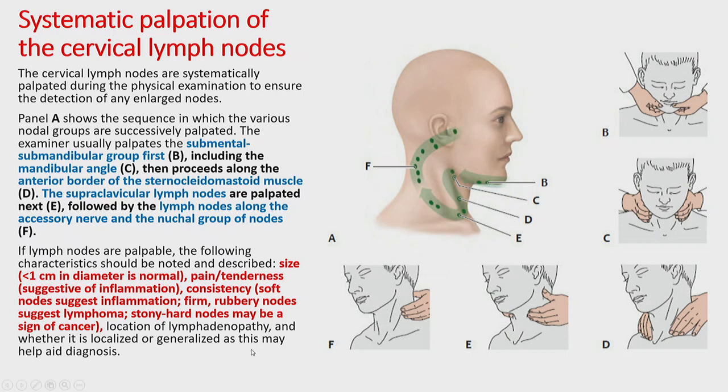So a stony, hard lymph node, not movable, enlarged, and not so painful, it is maybe cancer, yes? But you don't touch the patient and say, oh my God, you have cancer. No. You never tell the patient that, since you didn't take the biopsy, you didn't send it to histology, and you don't have the paper from histology saying that it is cancer. You are not allowed to tell the patient.